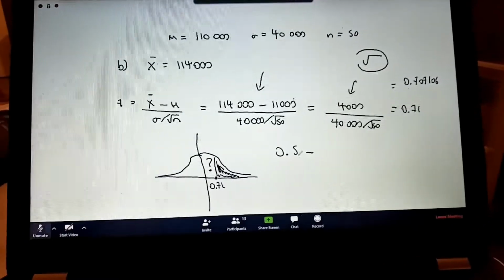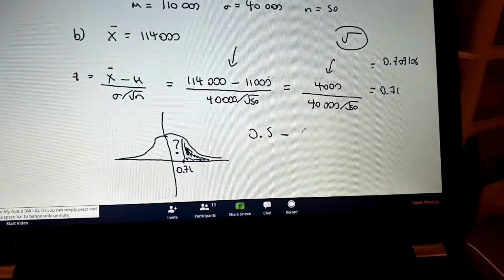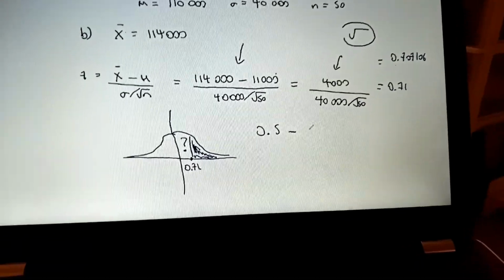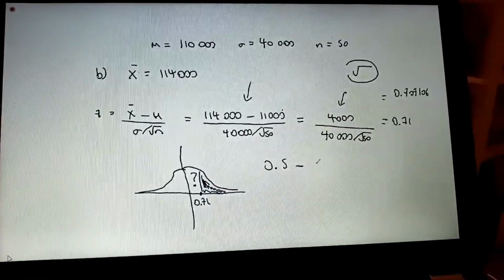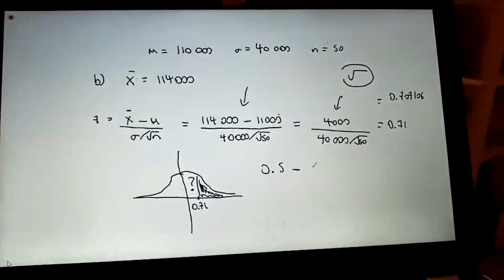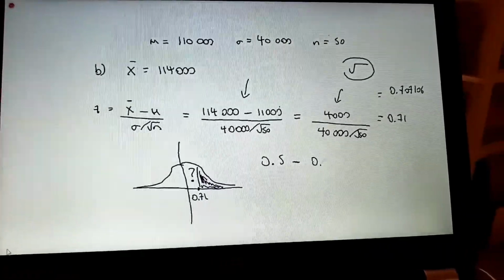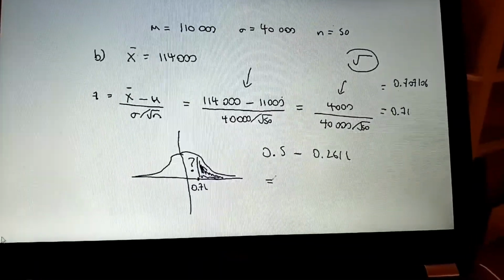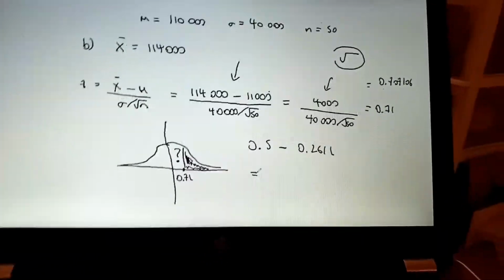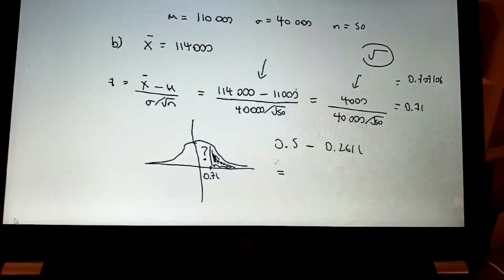So 0.5 minus, so let's look up 0.71 in the chart. Go to 0.7 and then go to 0.01, and it's 0.2611. So do 0.5 minus 0.2611, and that is 0.2389.